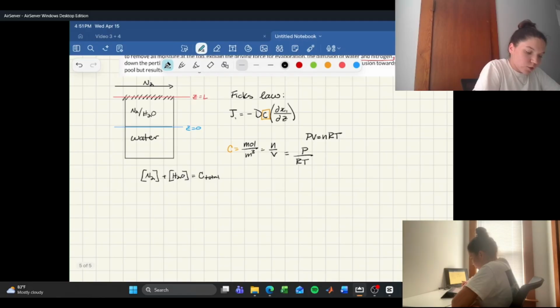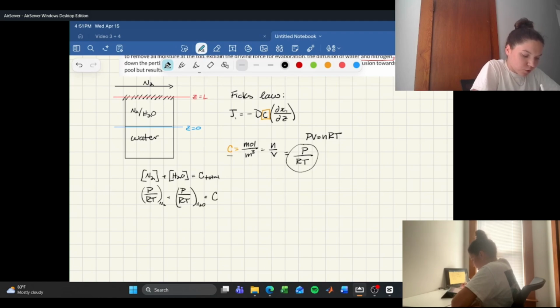And then we just found that concentration is equal to P over RT. So this is just P over RT of nitrogen plus P over RT of the water is going to be equal to the total concentration.